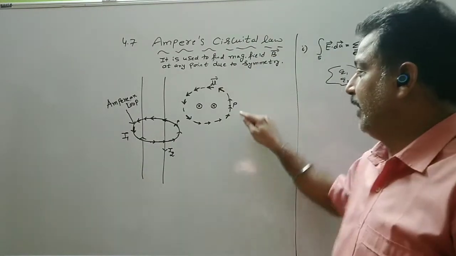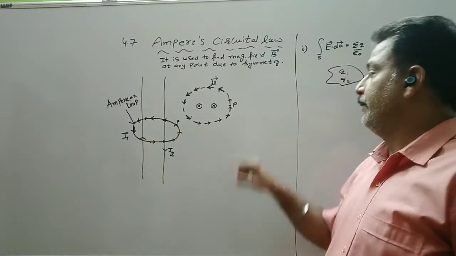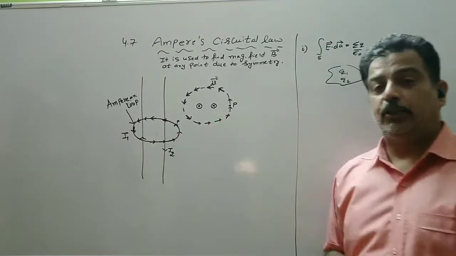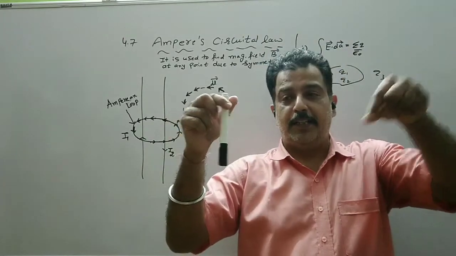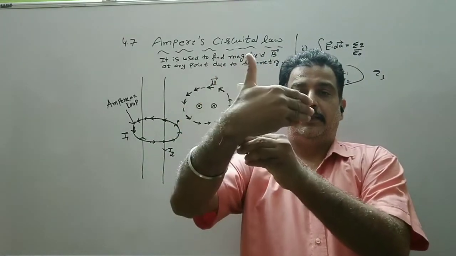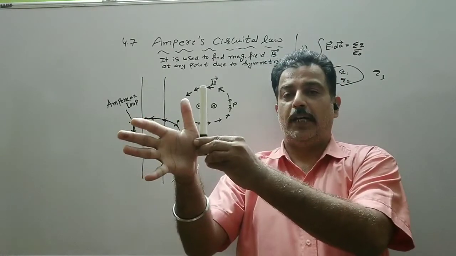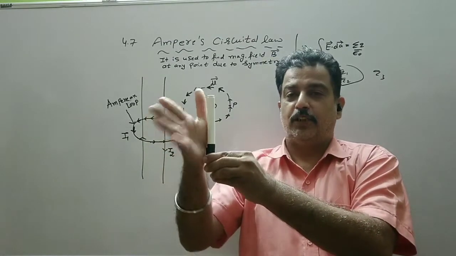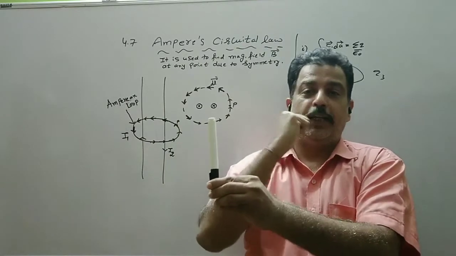Now there will be a magnetic field at this point due to wire I1, and magnetic field intensity will also be there due to wire I2. If I consider only this wire and the point P is here, the magnetic field is going inward. So this is wire 1, point P is lying here. The magnetic field intensity of this wire at point P is going inward.